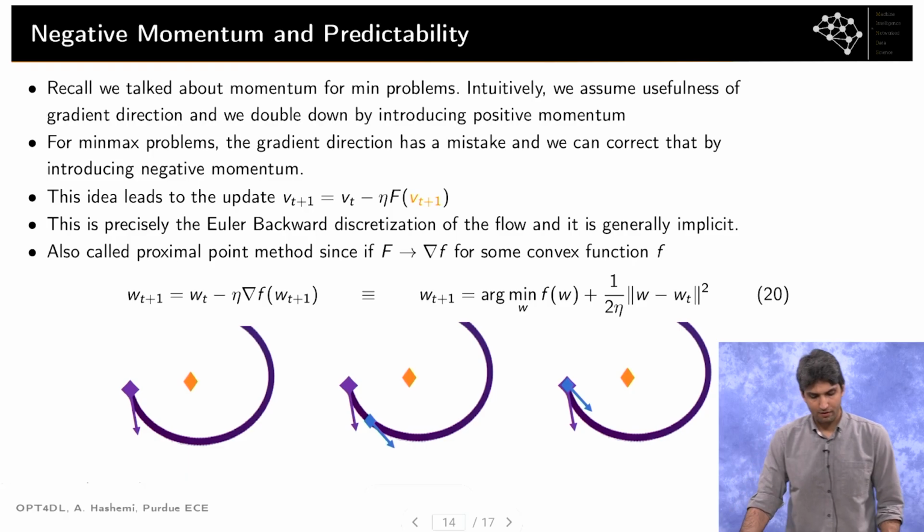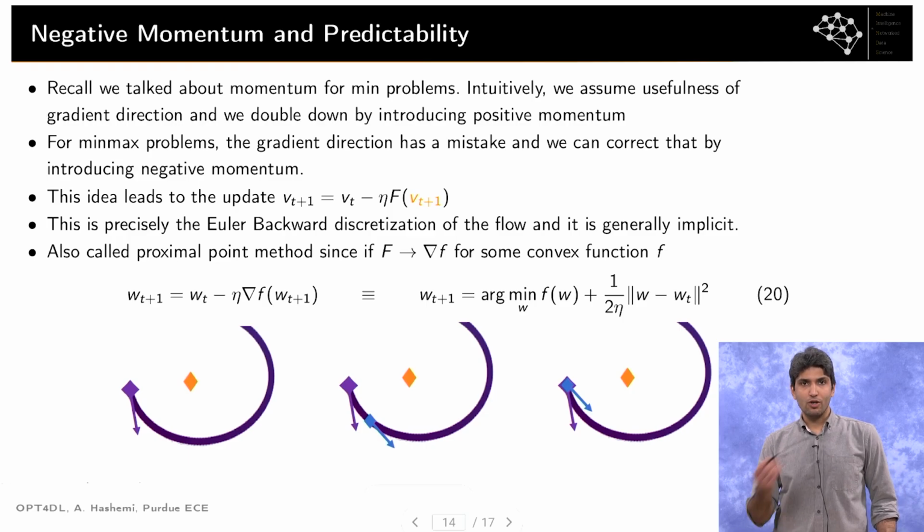For min-max problems, however, as we talked about, the local direction, let's call it the gradient direction, if you will, is not useful. It has a mistake. So if we leverage positive momentum, we're going to actually make more mistakes. If we were slowly circling and going away from the equilibrium, by using positive momentum we're going to move away even faster.